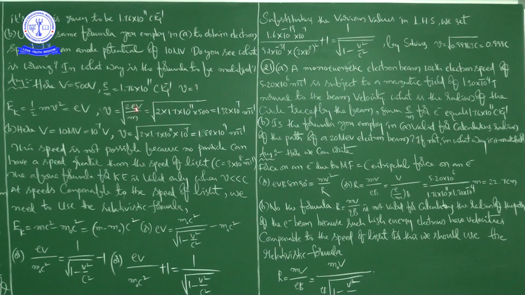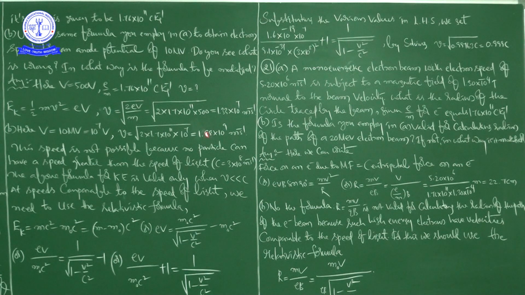So 2 into e by m value, which is also the same, and in place of V we have to write 10 to the power of 7. Then finally we will get 1.88 into 10 to the power of 9 meter per second. This is the speed of the electron.